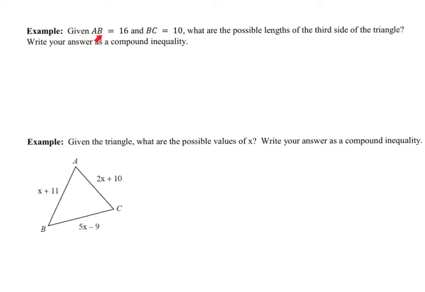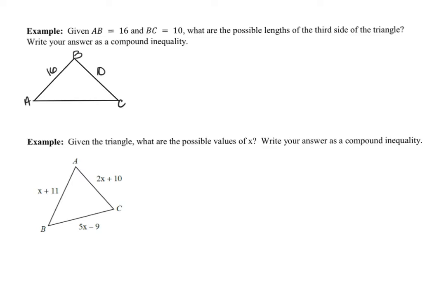Given that segment AB is equal to 16 and segment BC is equal to 10, what are the possible lengths of the third side of the triangle? Write your answer as a compound inequality. First, let's start by sketching a picture of what this triangle might look like. Because we don't know the length of AC, we have to try all the different combinations.